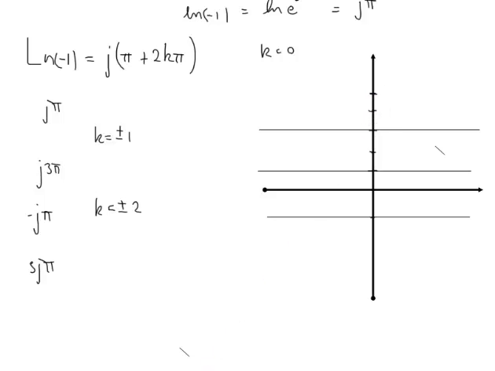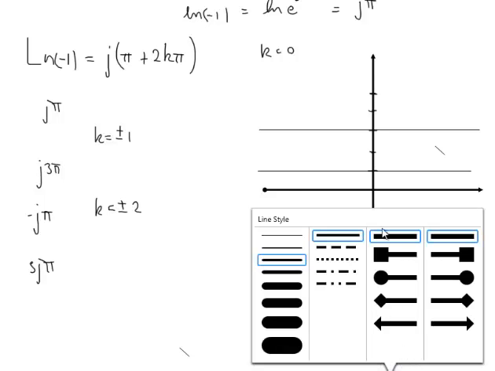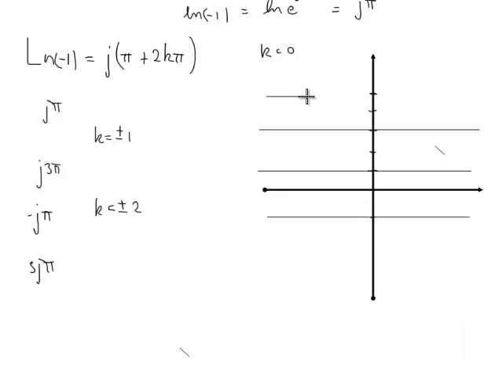Then if you think of that line passing there, y is equal to 5 pi, let's get a thinner line. We're going to get a line which goes this way. Let's move it to the exact position. There. That was for plus 2, isn't it?